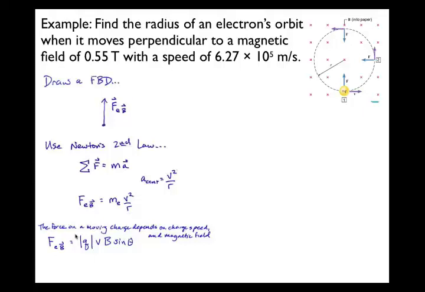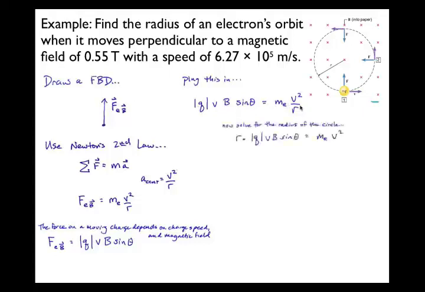So here's the new physics that we've introduced: the force from a magnetic field is equal to the magnitude of the charge times the magnitude of the velocity times the magnitude of the magnetic field times the sine of the angle between the velocity vector and the magnetic field vector. So we can plug that into the left-hand side of the equation. qvB sine theta equals the mass of the electron times v squared over r.